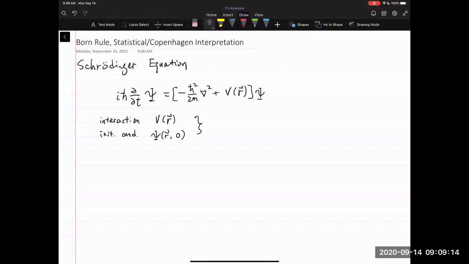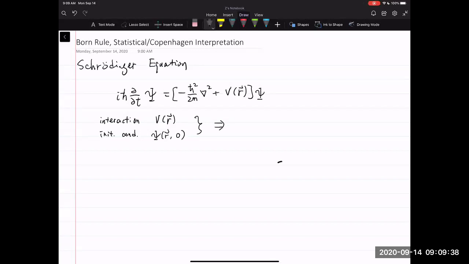Okay. In fact, this is no different from classical physics. It's the same as Newton's law. We require the same input, with the exception that now we don't need the velocity of the particles anymore because the Schrodinger equation is first order in time. Okay. So then, given that, what is the output?